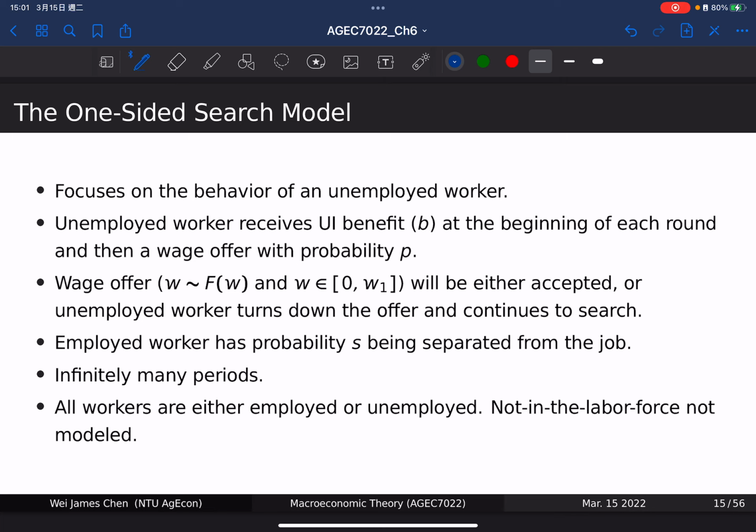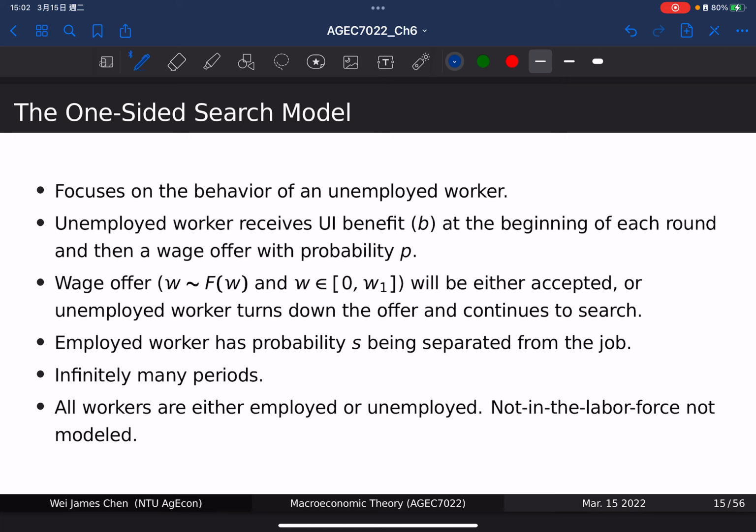And then this person will receive a wage offer with probability p. That means it is not always the case that this person will receive a wage offer, only with probability p. That wage offer is going to be a random variable.